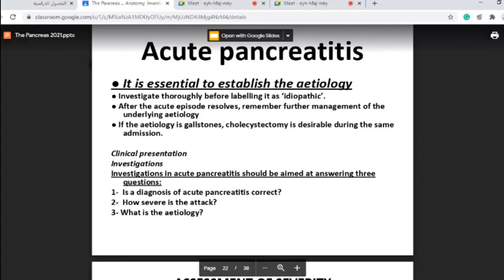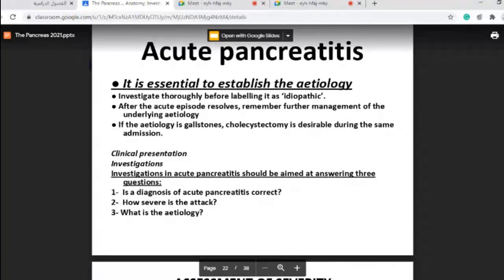This continues until the inflammatory fluid escapes from the lesser sac through the foramen of Winslow to pass to the general peritoneal cavity and comes in contact with the parietal layer of the anterior abdominal wall. In this condition, there will be abdominal tenderness, rigidity, maybe rebound tenderness, guarding.